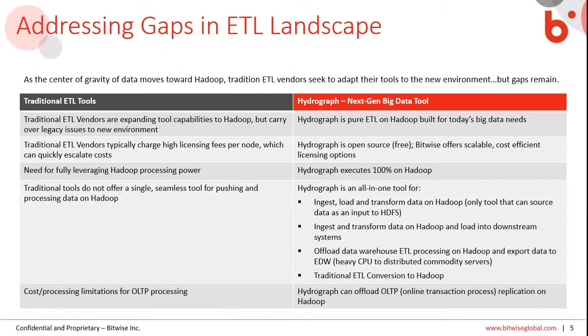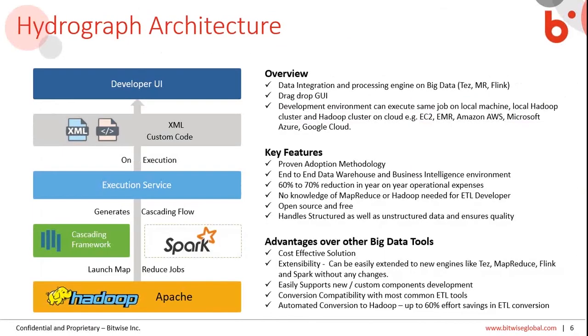So with that, we go to the next slide and let's look at the architecture of what we have accomplished here. So at the bottom you see Hadoop, Apache Hadoop, and it could be any flavor of Hadoop. It could be Cloudera, it could be Hortonworks, it could be MapR. We are agnostic to that.